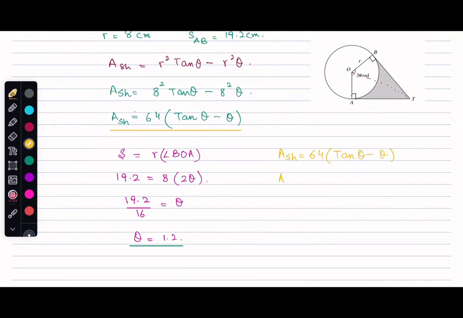Substituting the theta value, the area shaded is 64 times tan of 1.2 minus 1.2, and I should get the shaded area value as 87.818, or up to 3 significant figures, the area shaded is going to be 87.8 centimeters squared. So this is going to give us the answer for the required question.